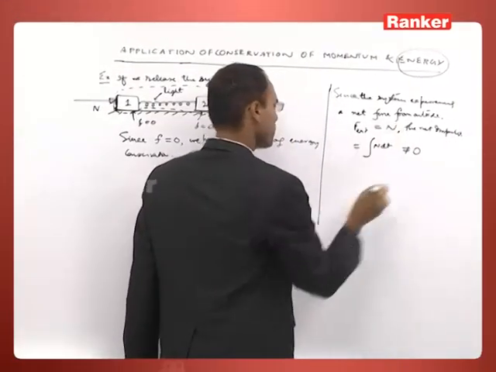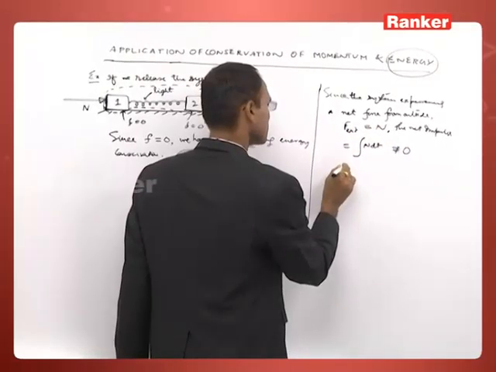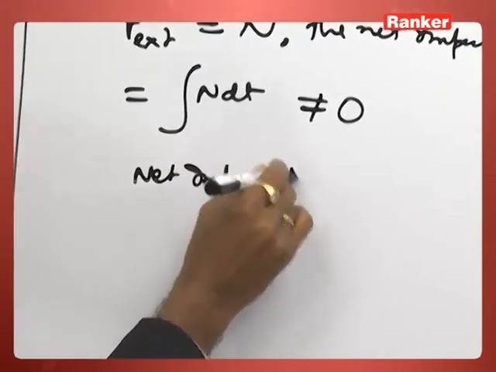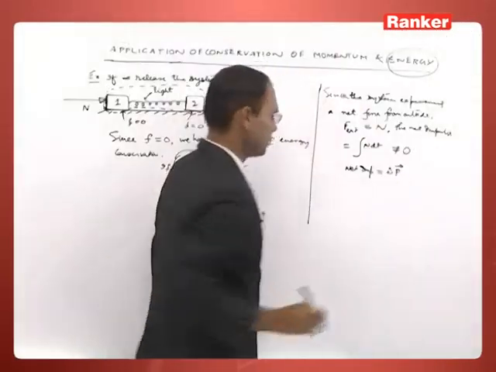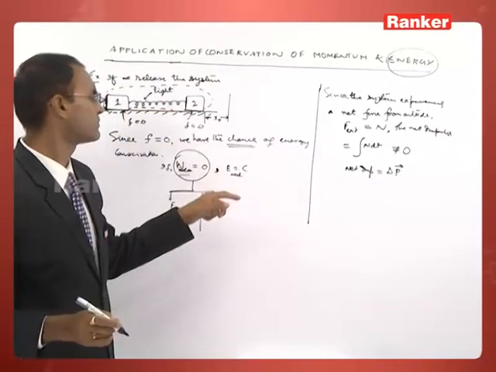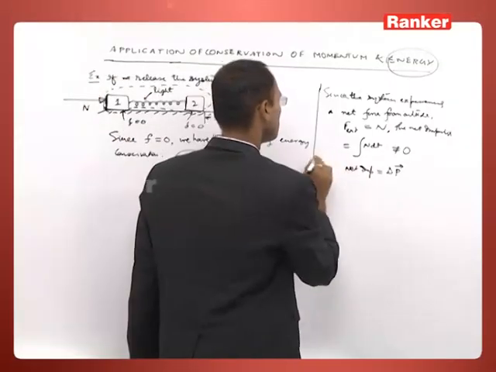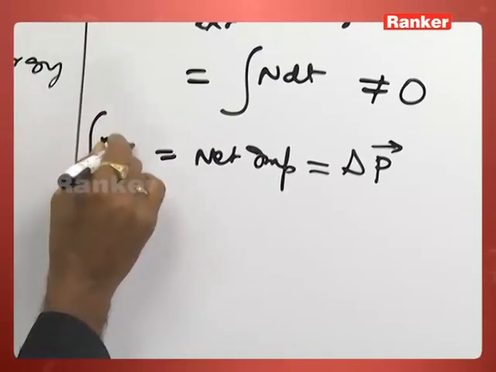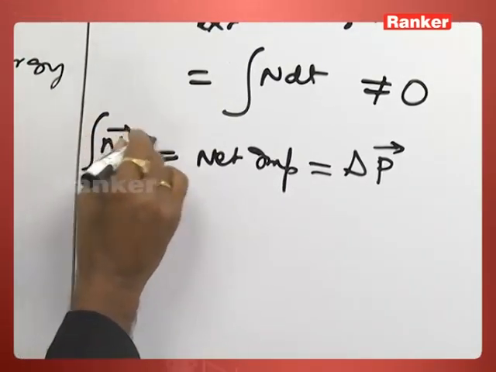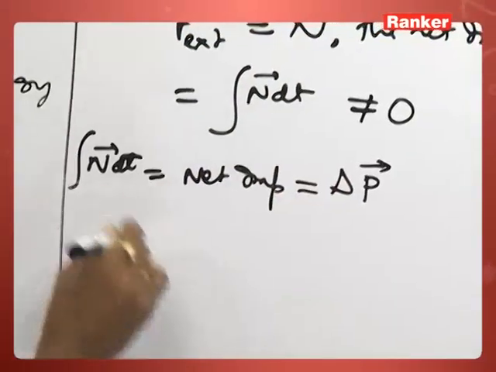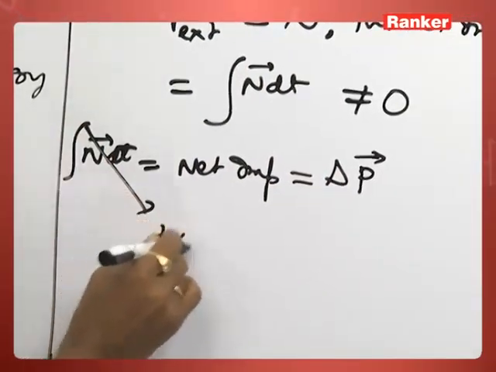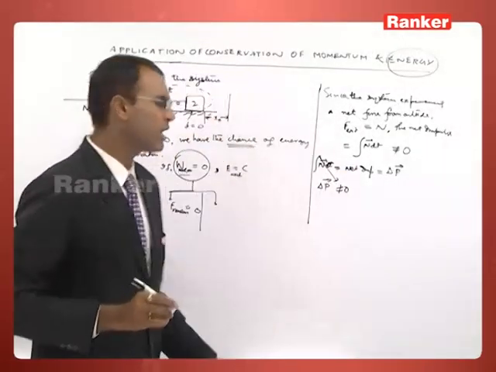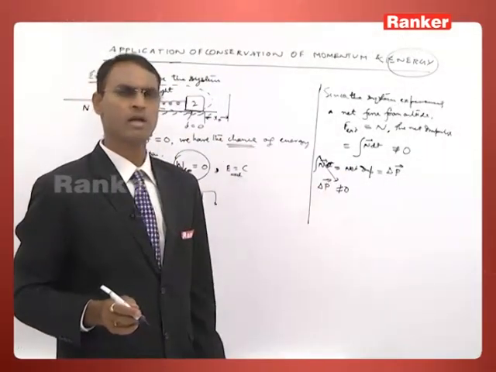According to the impulse momentum equation, net impulse is equal to change in linear momentum of the system. Since the net impulse, that is integral N dt, is not equal to 0, we can say that the change in momentum will not be equal to 0.